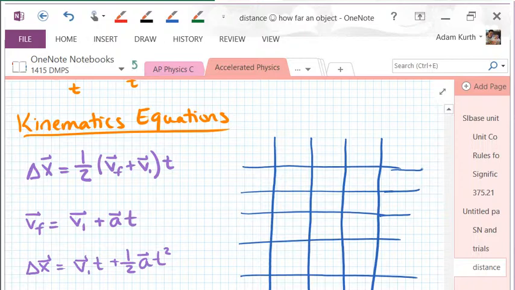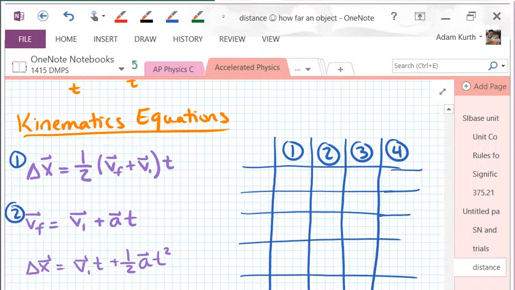And on the top row, I want you to label 1, 2, 3, and 4 in the far boxes. I'm going to label my equations 1, 2, 3, and 4. Are we okay so far? Yeah?